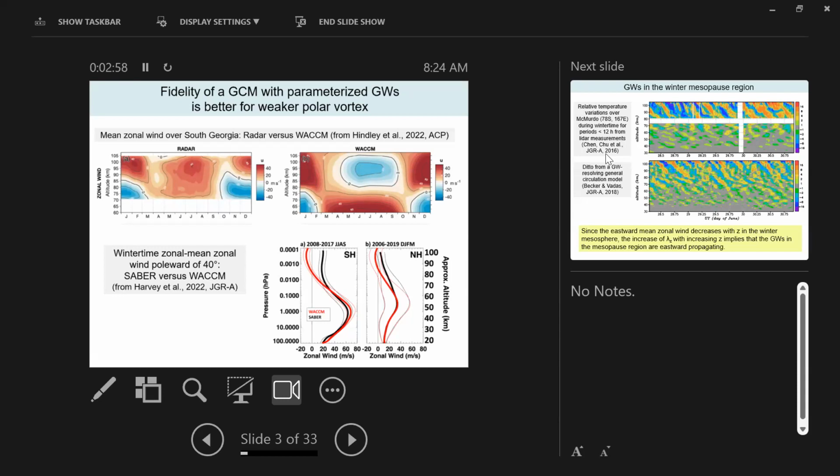And you see the WACCM, for example, shows the wrong direction of the zonal wind. This deficiency is summarized here in this plot from Lin Harvey. So in the southern hemisphere, you have this deficiency basically all the time. In the northern hemisphere, you have it mainly when the polar vortex is strong. So SSWs are fine for a model, but a strong polar vortex is bad.